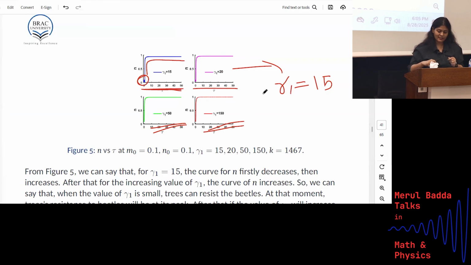Gamma 1 represents the amount of beetles at which the beetle tree density goes to its peak point. If we increase the value of gamma 1, the trees cannot defend against the beetles in our forest, so the beetles increase day by day. Because of the effects of beetle attack, the tree density decreases in our forest.